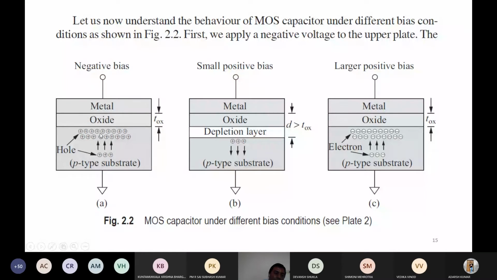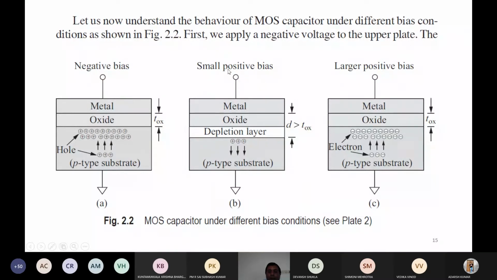This oxide and semiconductor interface line is shown here. Since many holes are accumulated here due to the negative bias, this is called the accumulation mode of operation of this MOS capacitor.